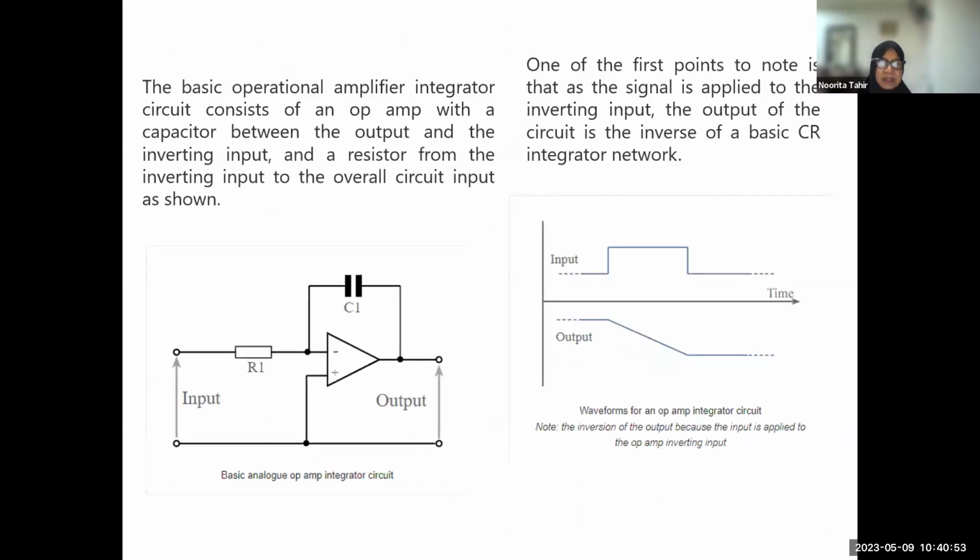For the integrator, it is at the feedback loop. Why do we have it as such? Because the input is fed into the inverting input, so it is inverted. When the input is high, the output goes low, and when the input is low, it goes high, and it integrates here and stays consistent here.